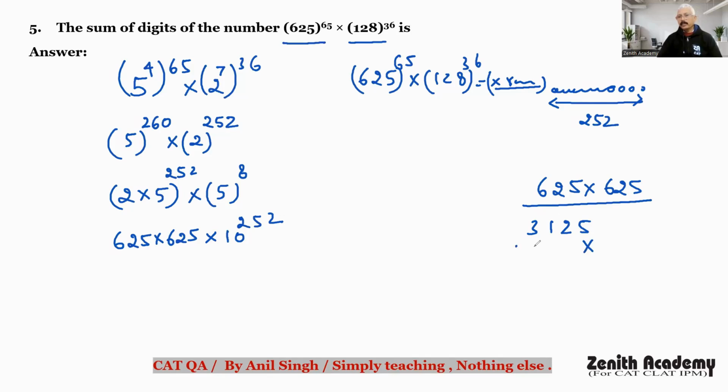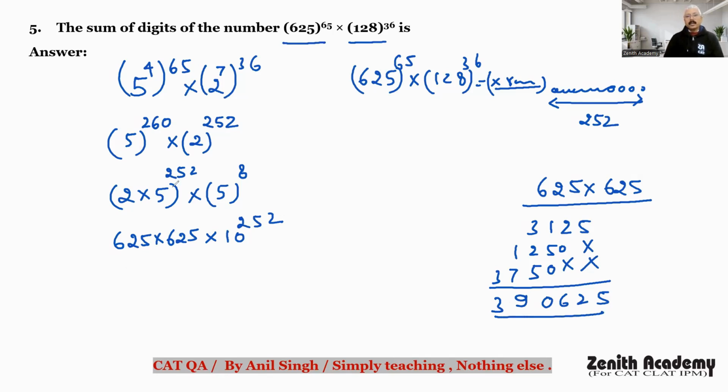Then 2, it is 1250, and then 6 fives are 30, 6 twos are 12 plus 3 is 15, 6 sixes are 36 plus 1 is 37, 5 twos are 10, 7 threes are 21, 8 plus 1 is 9. It means this is going to be 390625 and then zeros.